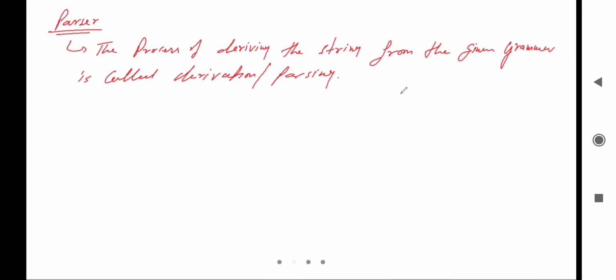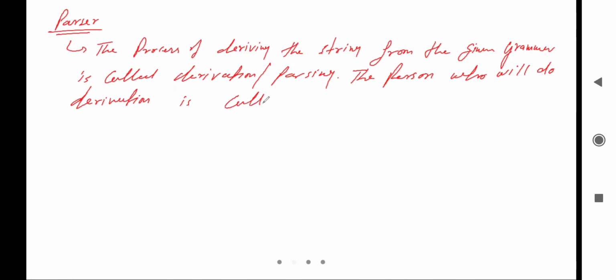Next thing, the person who will do derivation is called parser.